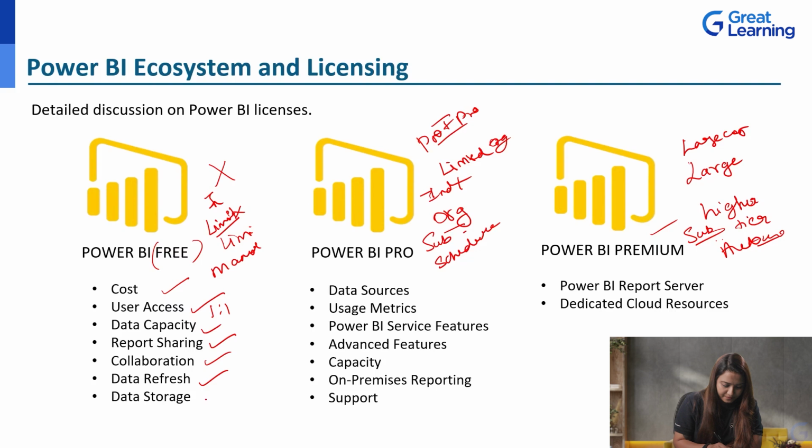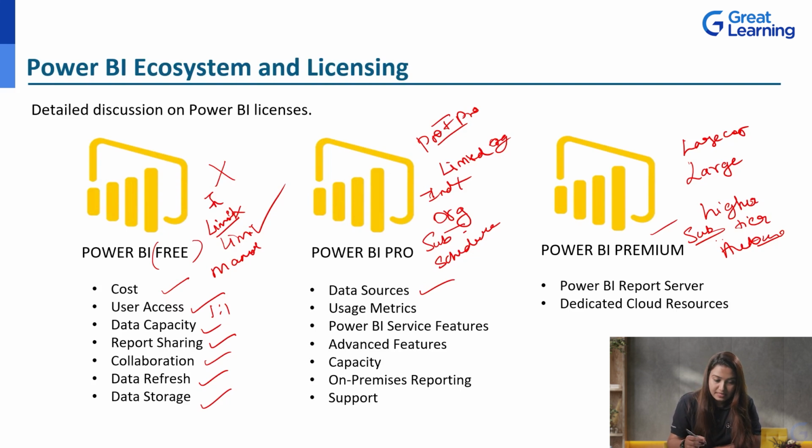Next, you have data storage aspect. Here, it is having again the limited data storage aspect. Then, in Pro, you have more storage compared to the free. When it comes to Premium, you have extensive storage available which is dedicated to the large capacity and to store the large data sets. When it comes to data sources, in Power BI for free, you can access the basic data sources.